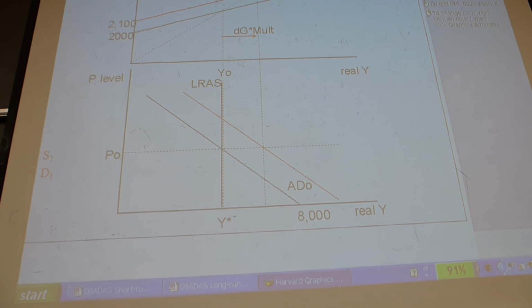And just notice, your intercept term has shifted. You can see that it's 8,400 because that's the intercept term, shifted by that amount. And the shift here is exactly the change in G times the multiplier. So aggregate demand is shifting left and right by the change in autonomous spending times the multiplier, the increase in equilibrium GDP if there was no change in price.